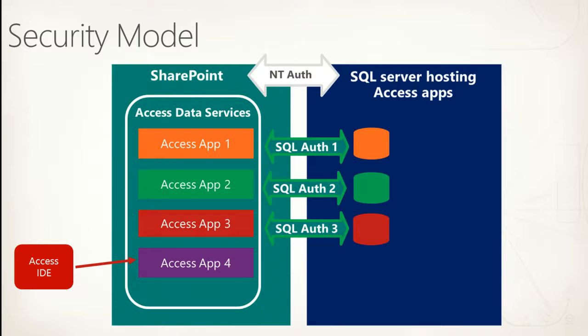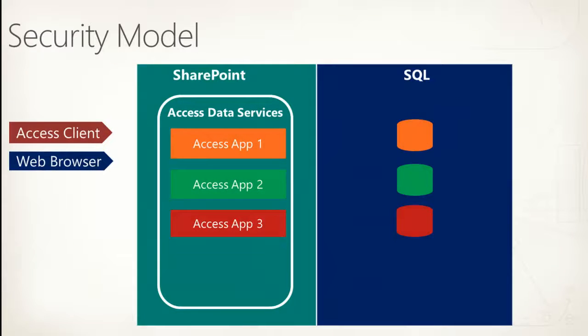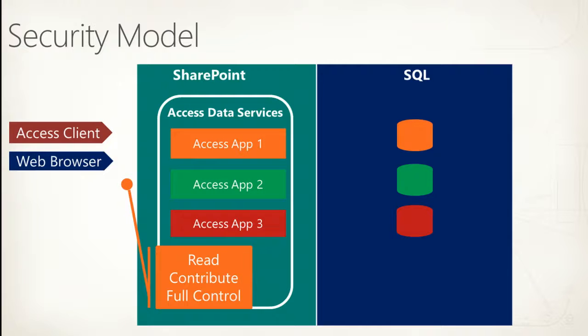So how does that work? When somebody comes in and creates application 4, we authenticate this user based on their SharePoint identity. If the user has permission to create apps, we use this anti-auth account to create a database. And then we also provision a new login for the app to connect to the database. Then for everyone who is trying to connect to the app, again, we identify the users based on their SharePoint login.